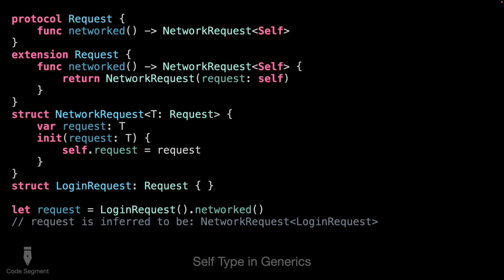So you can wrap it around it, right? And then for our protocol request, we're going to have this function networked that returns a network request of self. And what this is saying is basically, hey, this self, we're not going to use it yet, okay? It's going to be used by whoever implements us, right?